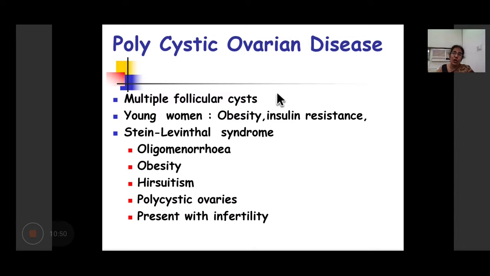Obviously the ovum is not getting discharged through the capsule. There is capsular thickening. There is a thick fibrous capsule of the ovary which does not permit the ovum to be released out of the tertiary follicles. As a result, multiple tertiary follicles or follicular cysts are present in the ovarian parenchyma simultaneously. Because ovulation is not occurring and the ovum is not getting discharged, this patient presents with infertility.